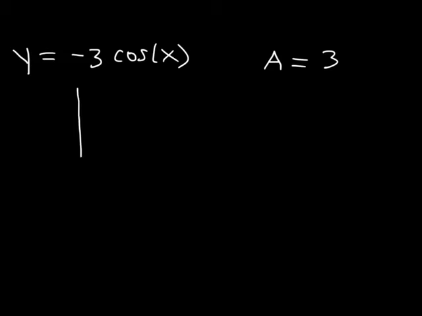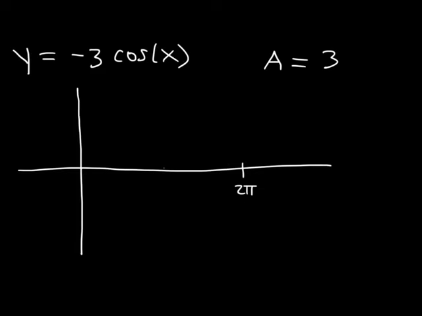Now let's go ahead and graph it. Let's plot one period. So let's break it up into 5 points, or 4 intervals. Now the amplitude is 3, so we need to vary the cosine graph from -3 to 3.